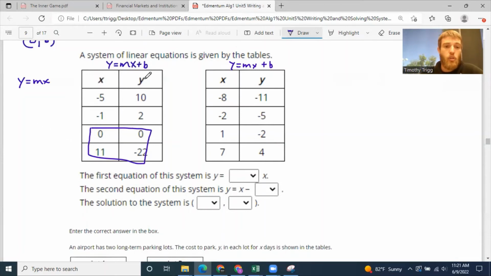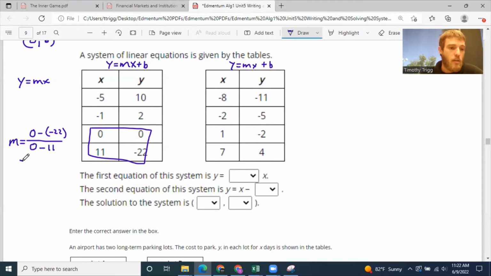So the rise, you look at the y values. So the rise over run, our slope, we're going to do 0 minus negative 22. So again, you subtract the y values to get the rise, and then you subtract the x values to get the run.